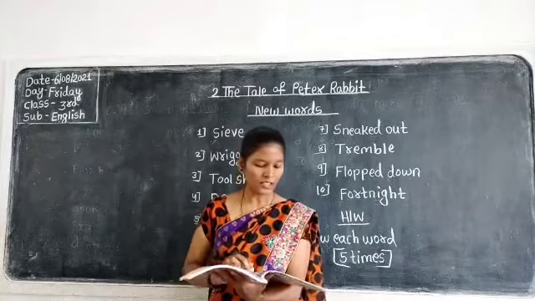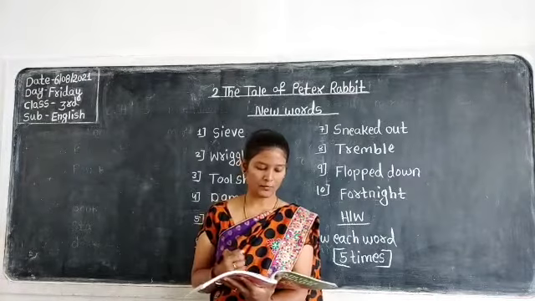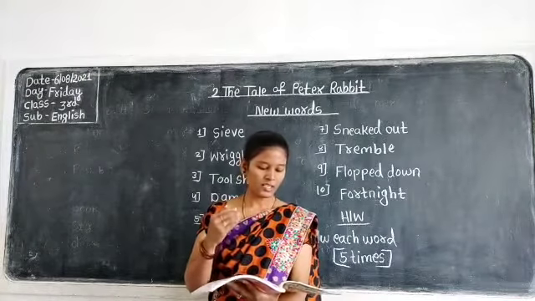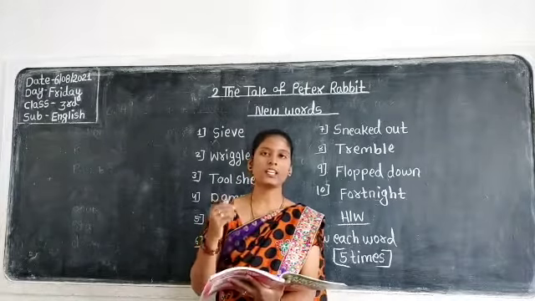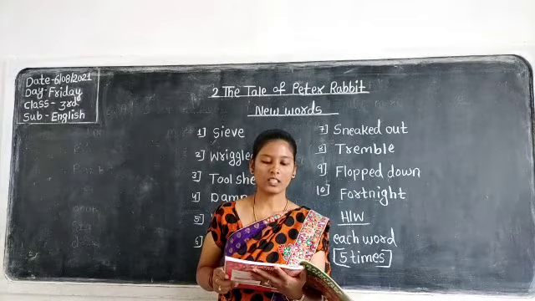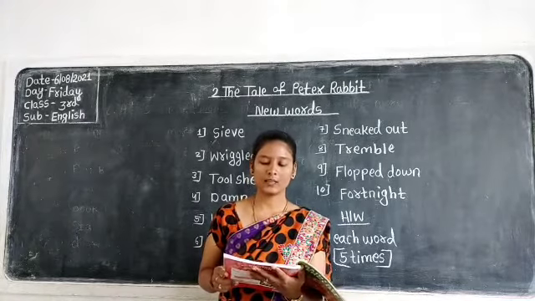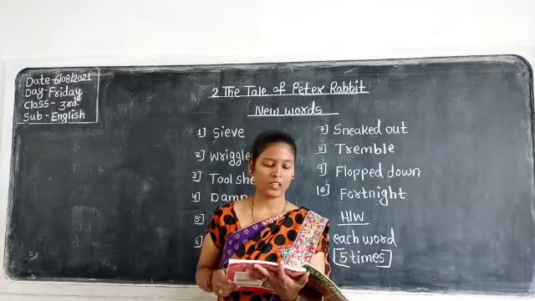Then Peter did not care when Mr. McGregor saw him. So Peter slipped underneath the gate and he started running. Peter never stopped running or looked behind him till he got home to the big fir tree.